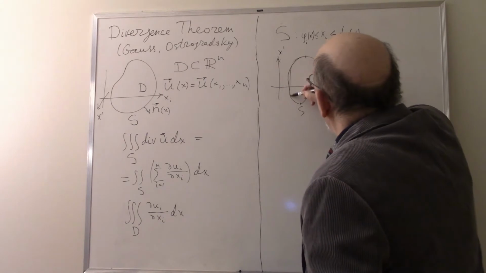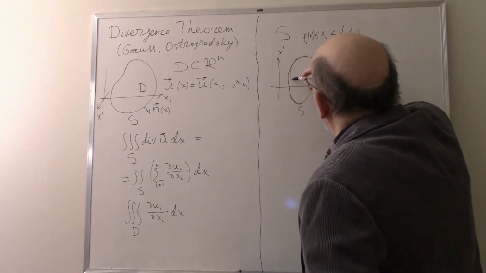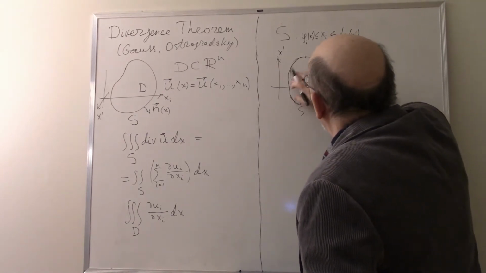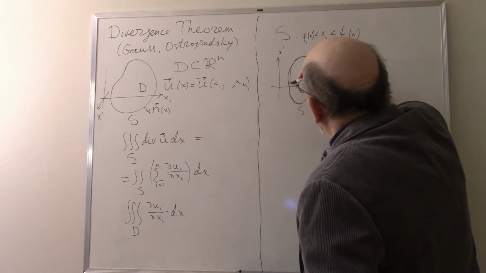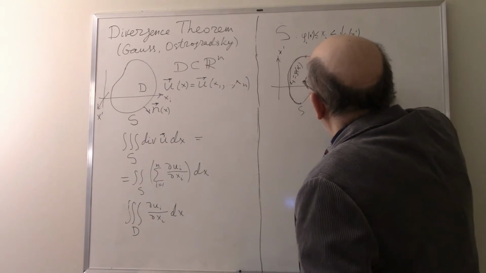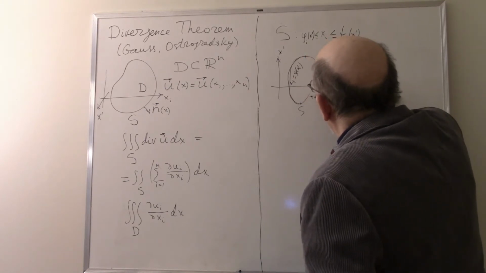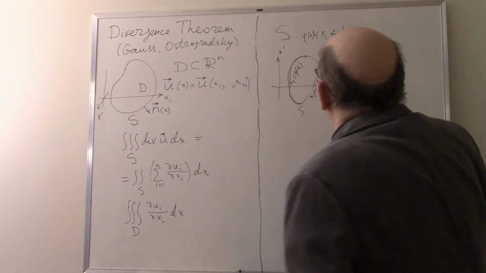This part is given by xi equals phi i of x prime, and this part is xi equals psi i of x prime.